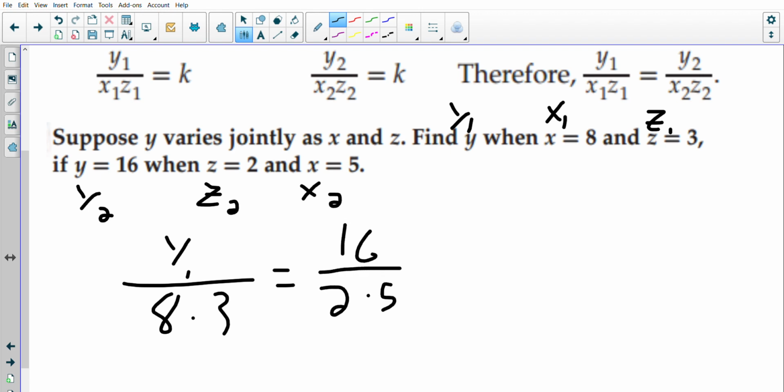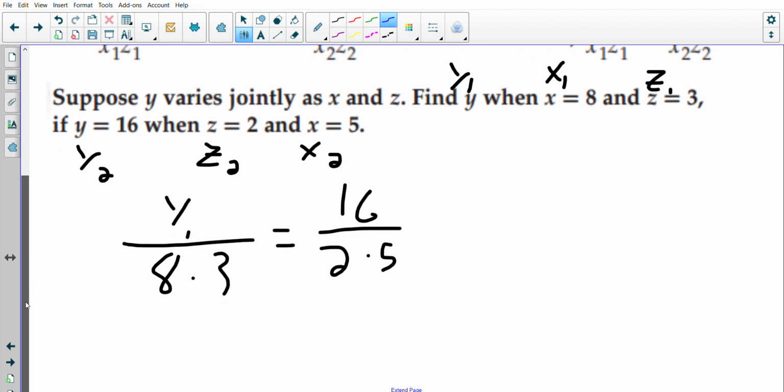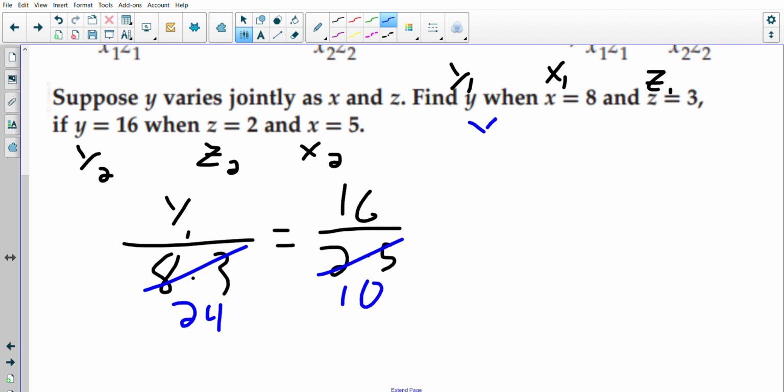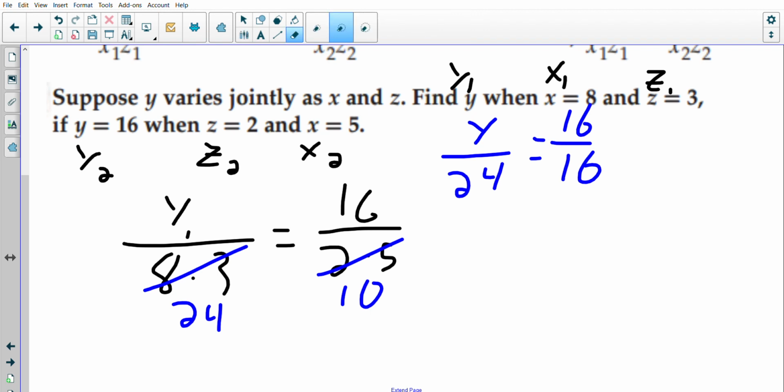And now we just do a little simplification. So 8 times 3 is 24. 2 times 5 is 10. So I'm just going to rewrite this now. So I have y over 24 is equal to 16 over 10. Oh, 10, not 16 again. So same thing, we can reduce now. So I'm going to divide by 2 on both of these. So I have 8/5.